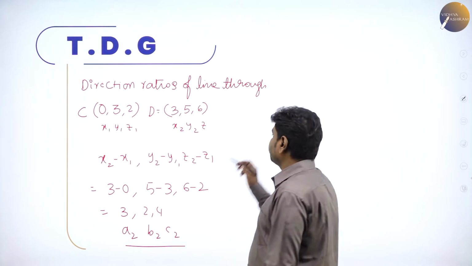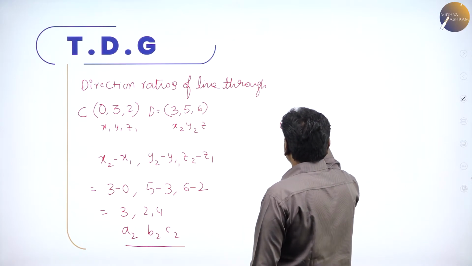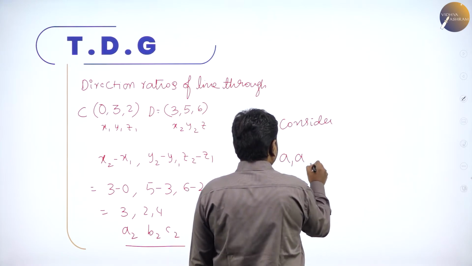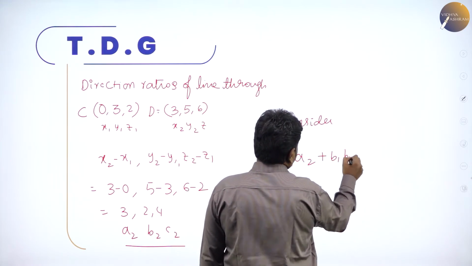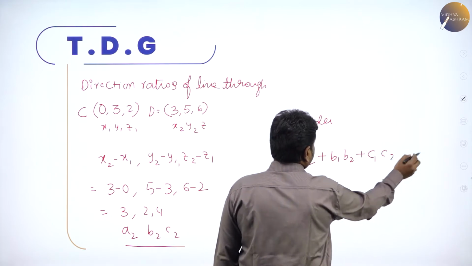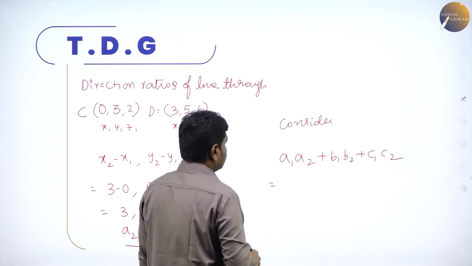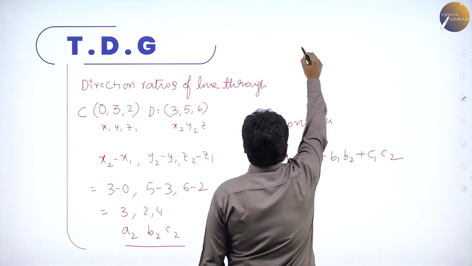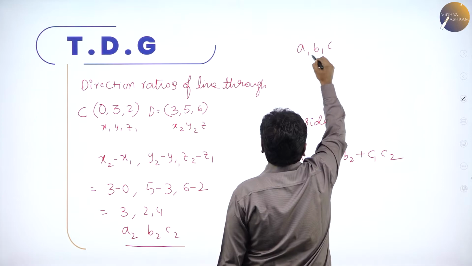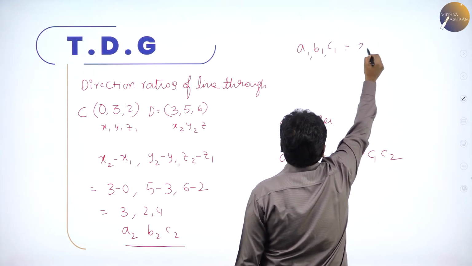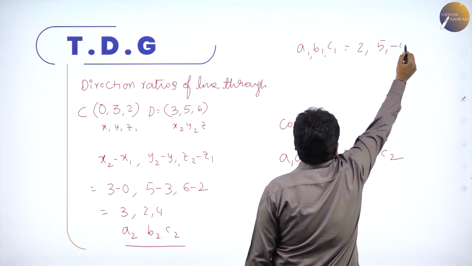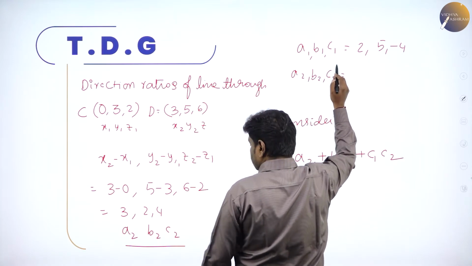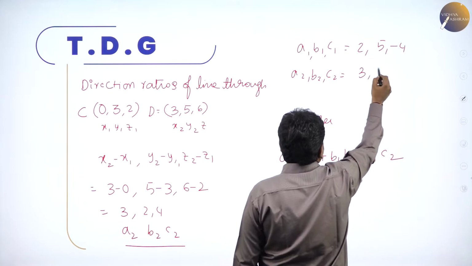Now we'll consider a1 a2 plus b1 b2 plus c1 c2. What is a1, b1, c1? It is 2, 5, minus 4. And a2, b2, c2 is 3, 2, 4.